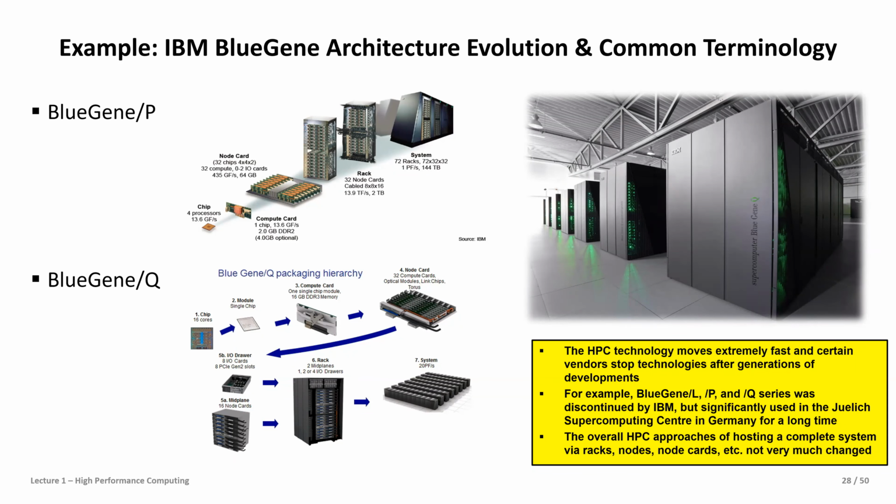So hence there's a whole ecosystem around it from the hardware, and as we've seen before, also for the system software, which makes it a really complex technology, rather than just our little laptop that we have on our desktop here.